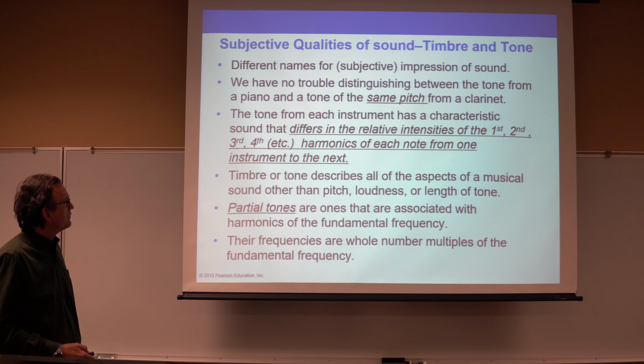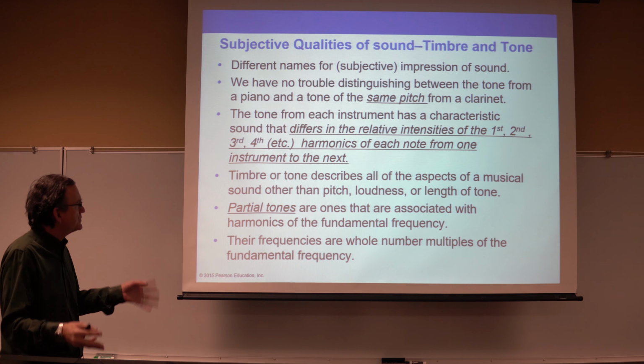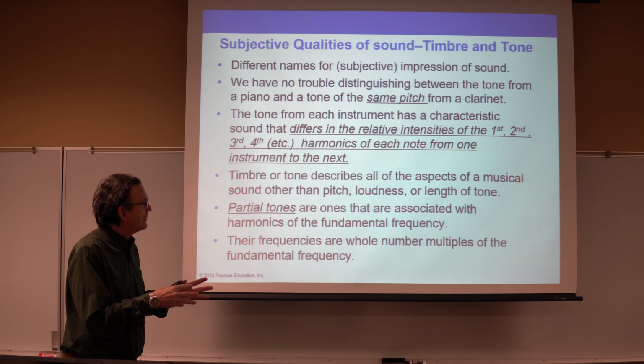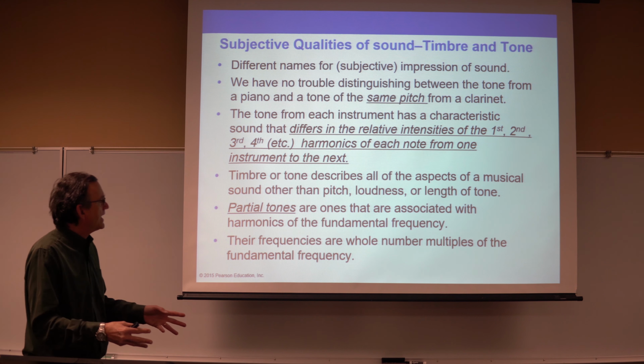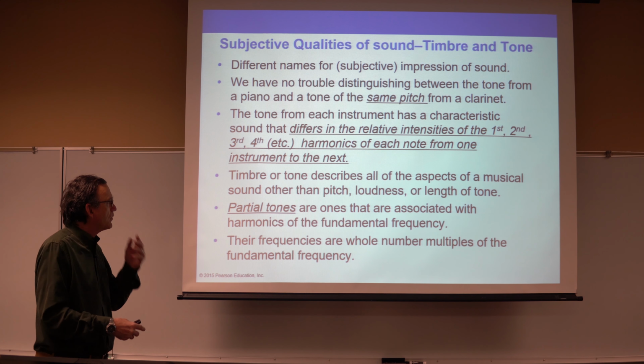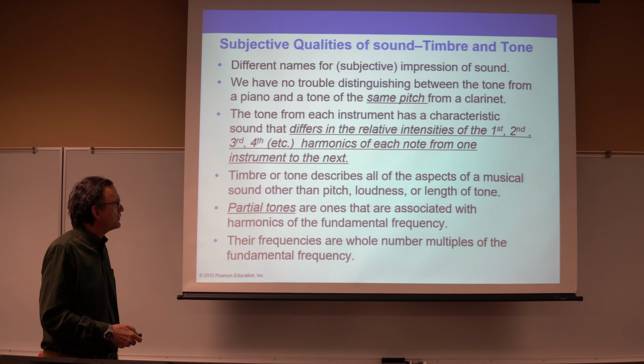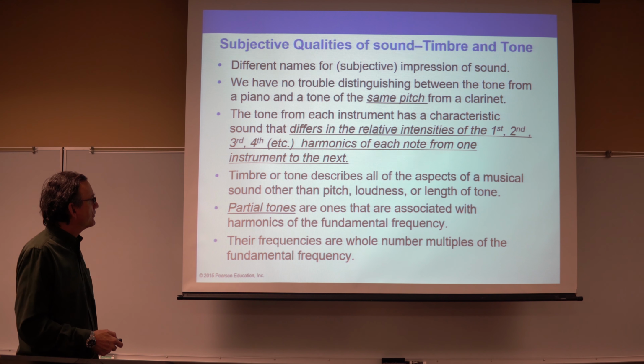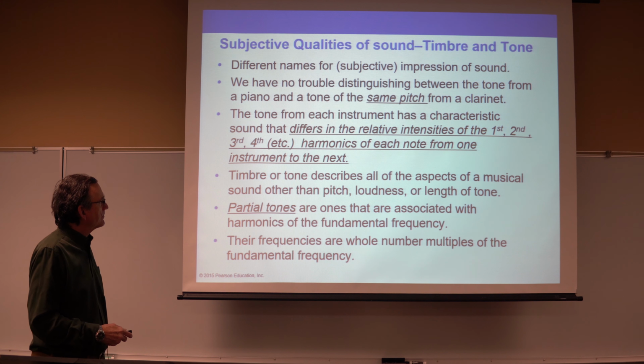And so those together form the complete set of physical properties that are unique to music as distinguished from our talking voices or horns or other sirens and other things.